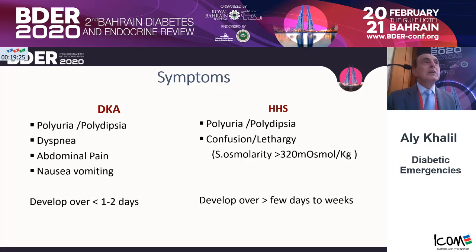Their presentation is discovered maybe later, after days or weeks, at the time when they present with very high hyperosmolarity, reaching above 300 milliosmoles per kilogram. That's why they are discovered late in the process rather than early.